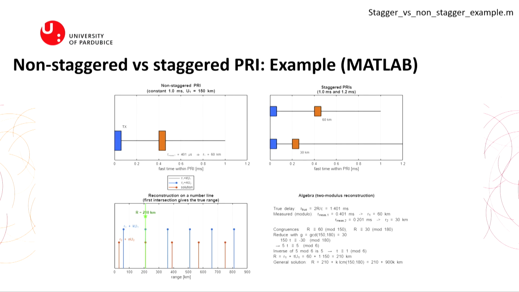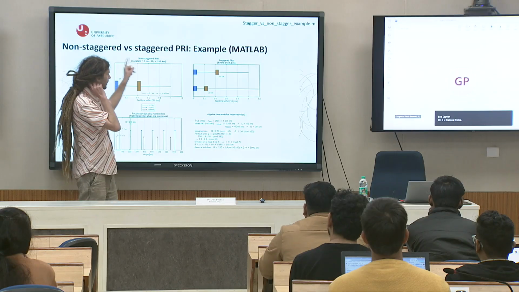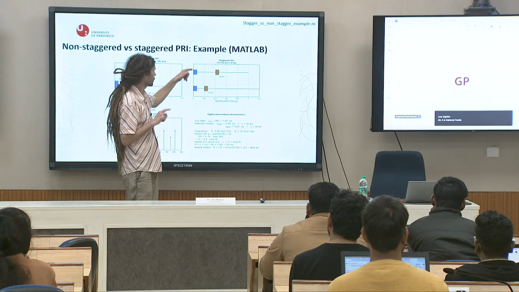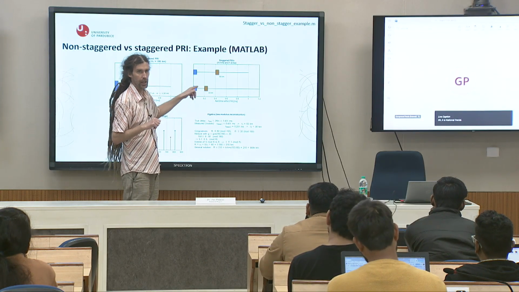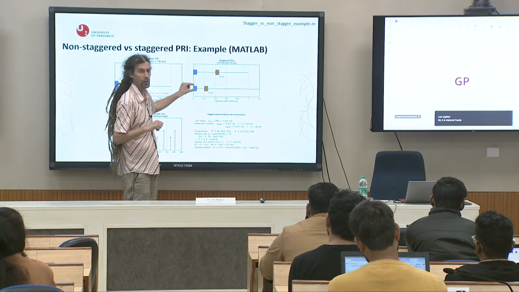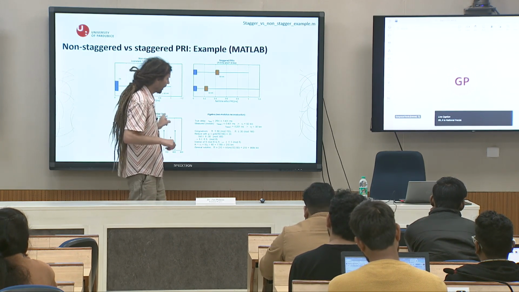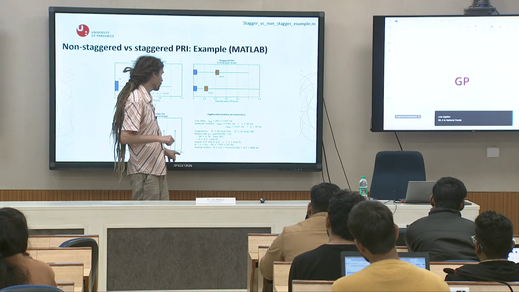So easily just change the target distance, I don't know, to 250. You can change the position of the staggered PRI like 1 millisecond, 1.3, 1.4, and everything will be recomputed.